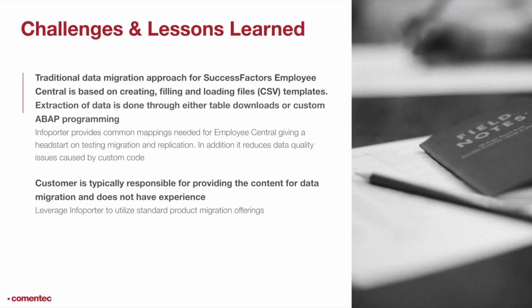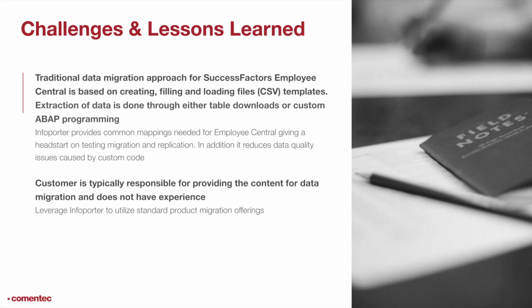We'd like to share some of the challenges and lessons that we have learned throughout all of this. We have migrated over 1 million employees so far using Infoporter, and part of this is where this experience and some of these lessons learned come from. So the first one is that in a lot of the traditional approach, when you're handling data migration from HCM to EC, you're talking about creating, filling, and loading files and CSV templates.